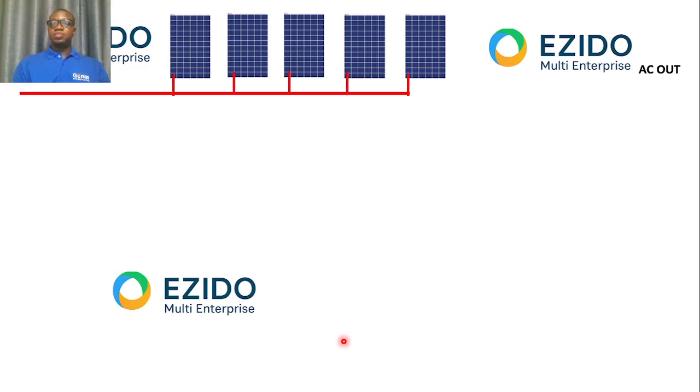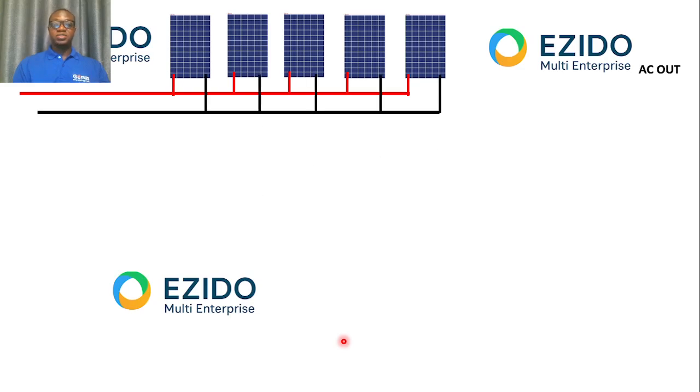This is the positive wire from the solar panels connecting all the positives together. That is what parallel connection means. Connect all the positives together and also all the negatives together so that you have one output, positive and negative output.